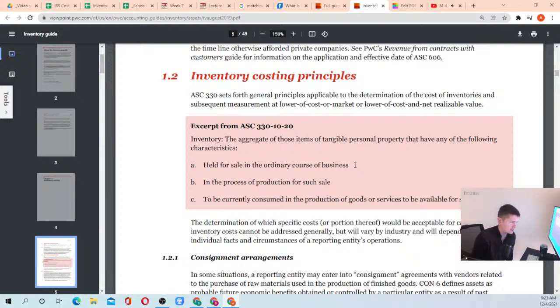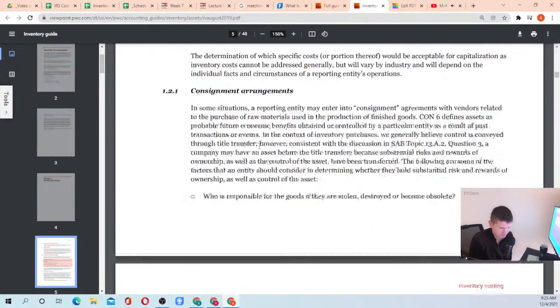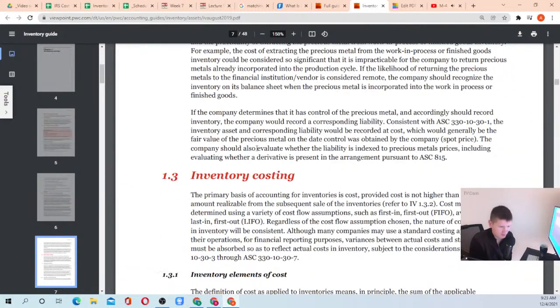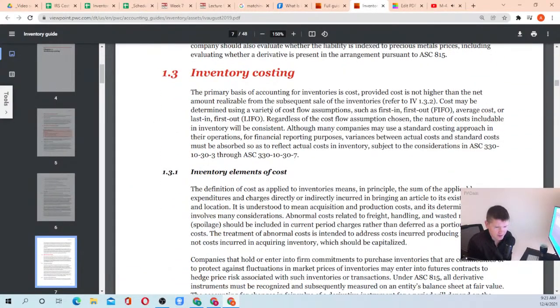In one case you will apply property, plant and equipment, in the other case you will apply inventory. And inventory also includes whatever is consumed in the process of production, and whatever is work in progress. We do not need to know about consignments.